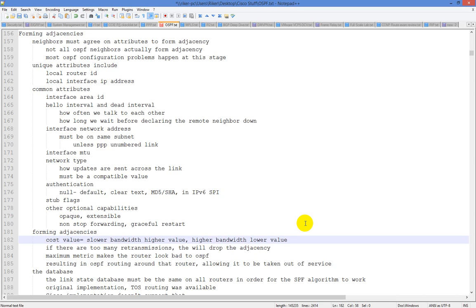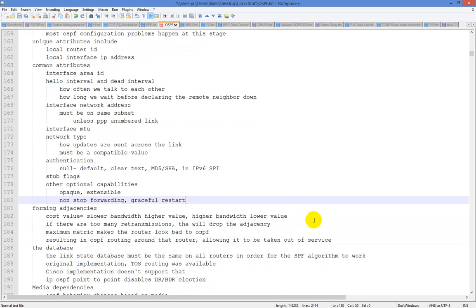Now, you can change that by manipulating the auto-cost reference bandwidth. That allows you to raise the reference bandwidth so that you can set a cost of 1 to be, say, 10 gigabit, and so a 100 meg link would be a cost of 1,000.